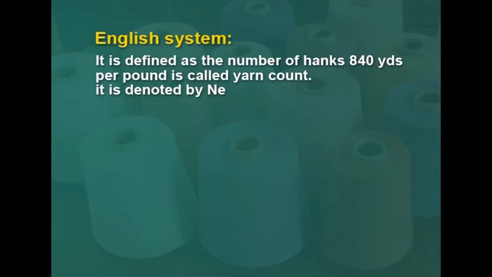Now, as I told you, there is the English system, the metric system and the Worsted system also, which can be expressed in the indirect system. Under the English system, it is a hank of 840 yards per pound, generally denoted by NE. That means, if 840 yards of cotton yarn weighs 1 pound, then it is 1 count.